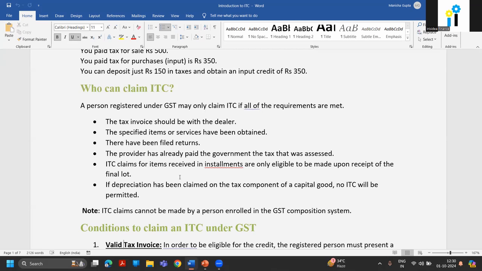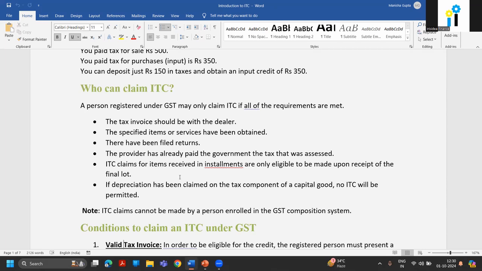The provider must have already paid the assessed tax to the government. ITC for items received in installments can only be claimed upon receipt of the final lot. If depreciation is claimed on the tax component of a capital good, no ITC will be permitted.